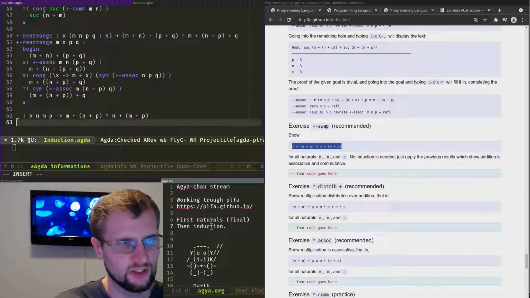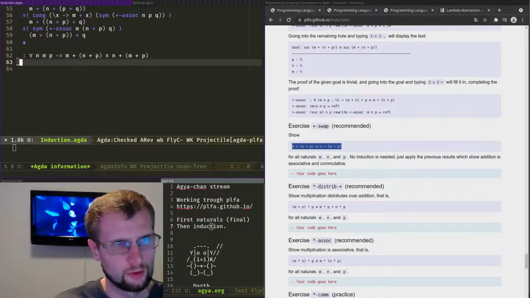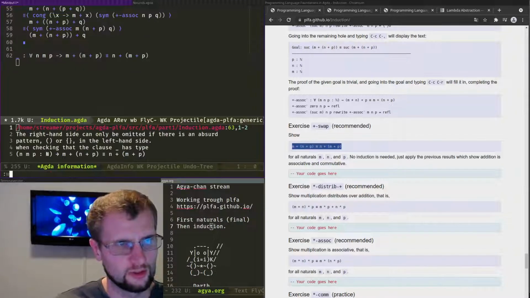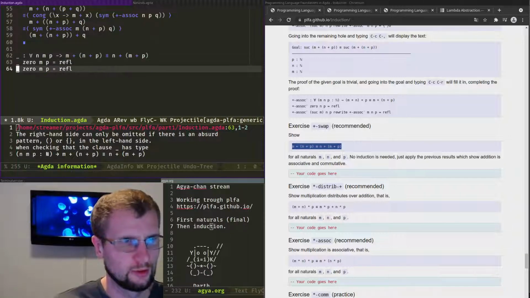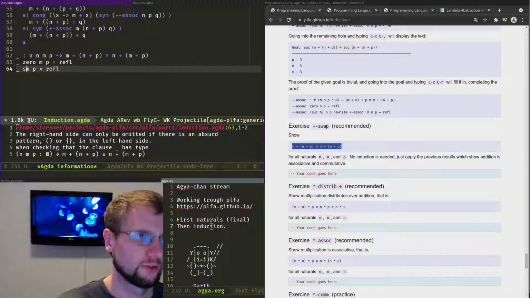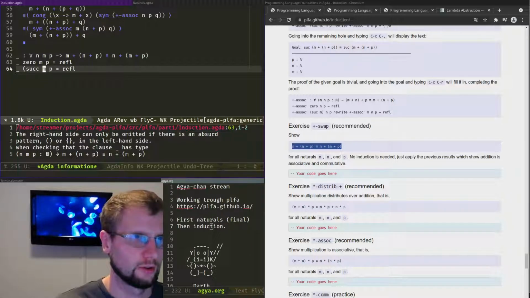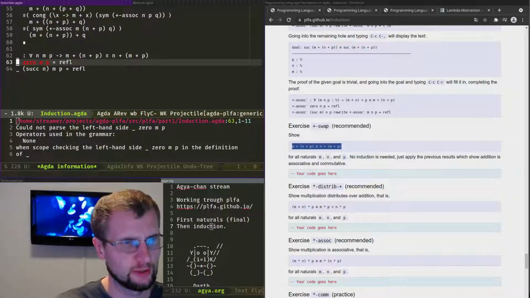I thought that for the zero case, you just do zero n p refl, but they all just don't work. No parse, left-hand grammar.